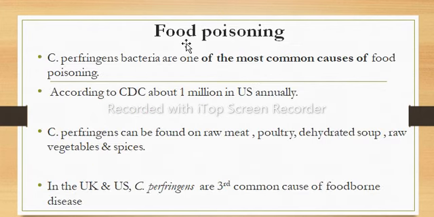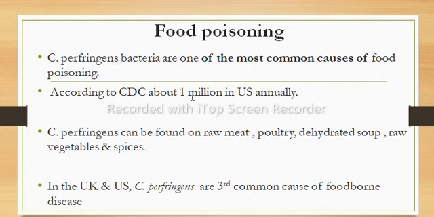The second disease caused by Clostridium perfringens is food poisoning. Clostridium perfringens is one of the most common causes of foodborne illness or food poisoning. The CDC stated that these bacteria cause about 1 million foodborne illnesses in the United States annually.